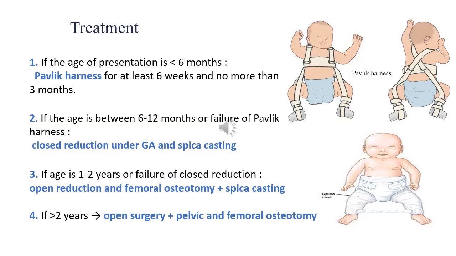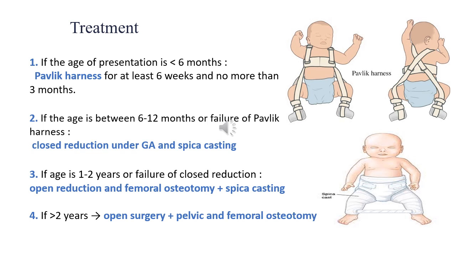This is a quick outline of the treatment for DDH cases. If the case is detected in a baby less than 6 months of age, which should happen in all cases, then the treatment is easier. We apply an orthosis or a brace.